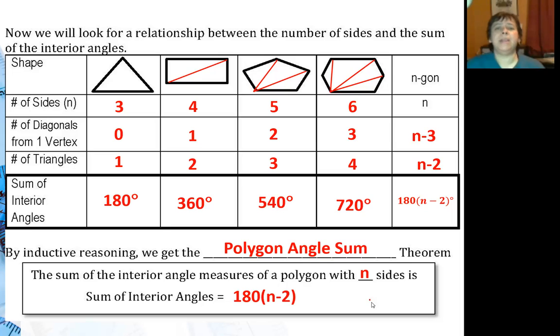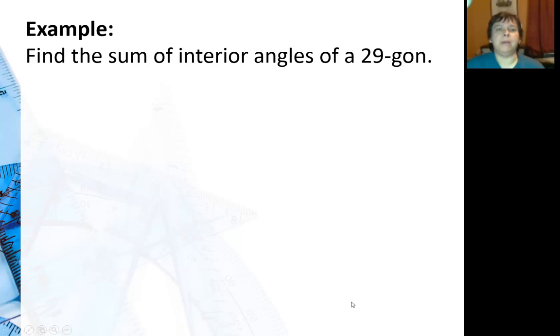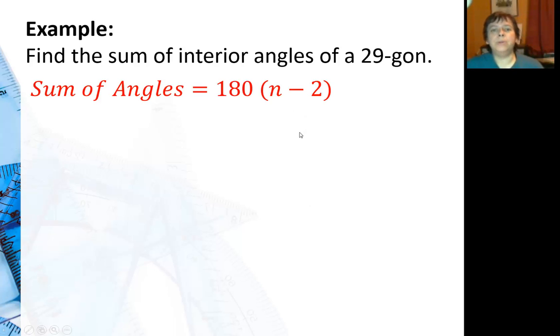So now we're going to go ahead and use this formula to find the degrees in a given polygon. In this example, we're going to look at a 29-gon, so it has 29 sides, and n is 29. So we'll use the formula sum of angles equals 180 times n minus 2.